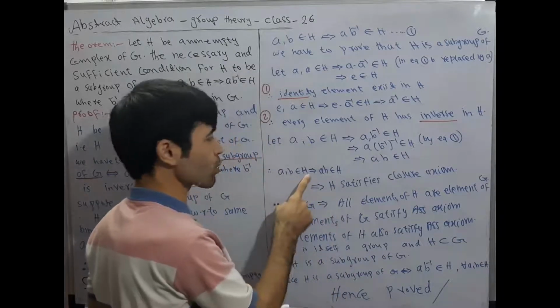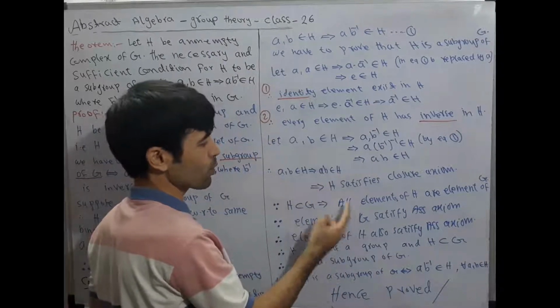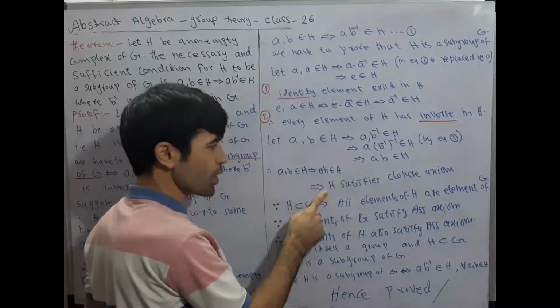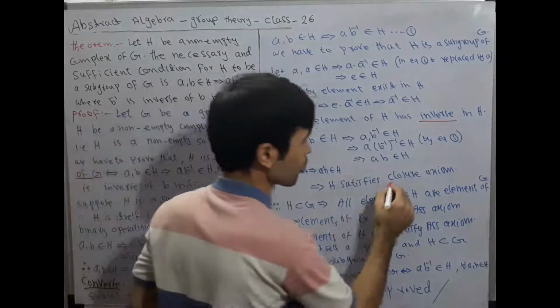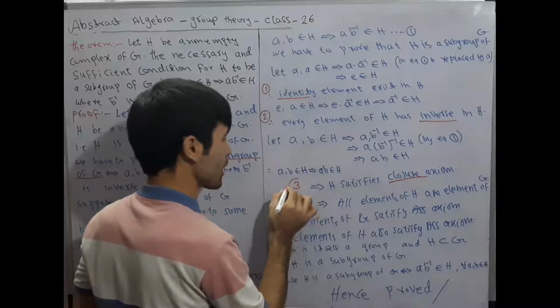Therefore, a, b belongs to H implies a into b belongs to H. This implies H satisfies the closure axiom. Number 3, closure axiom holds.